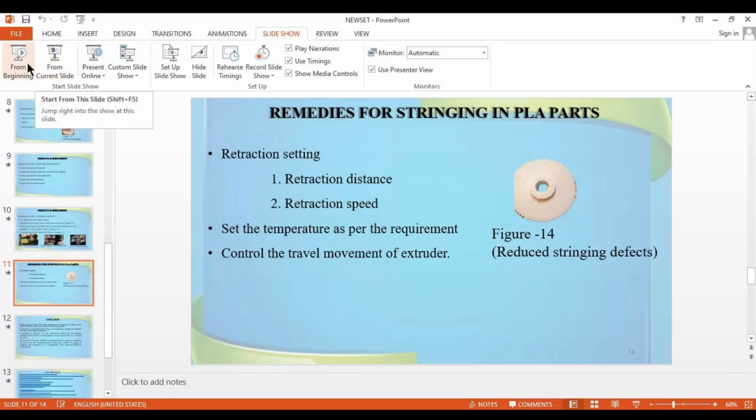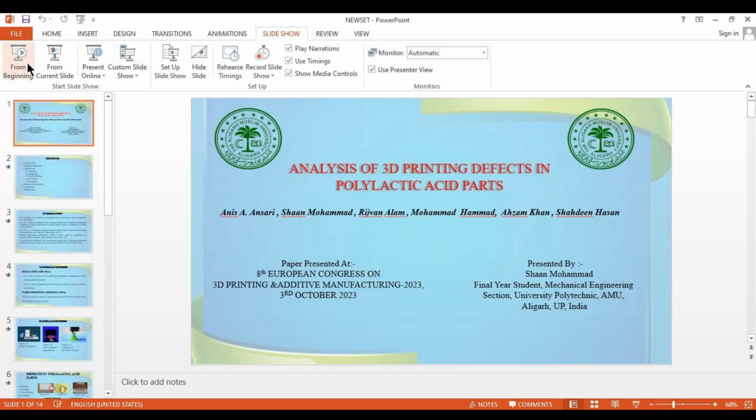Yeah, you're audible. Your screen is visible. Can you make it presentation mode from the beginning? We are able to see only the 11th slide, I think.